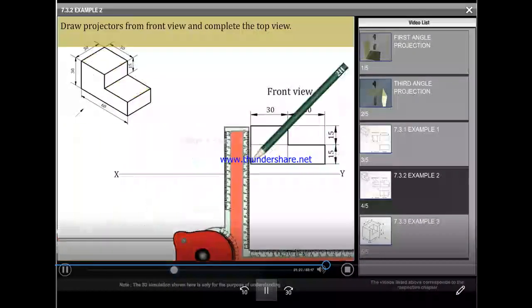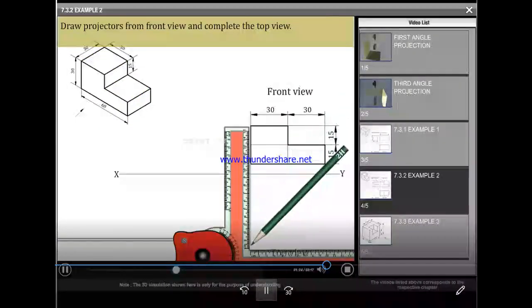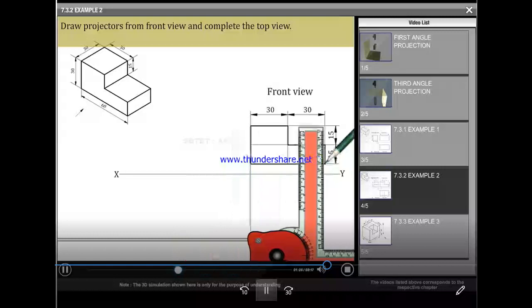Now to get the top view, draw projectors from important corners of the front view. Complete the top view.